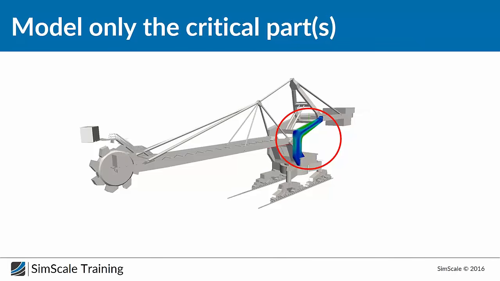In this example, you can really see that we have a lot of parts, and it would be a huge mess to simulate everything. But in this case, only this beam here is relevant for the overall structure behavior, and therefore we will only simulate the critical parts, because this is the only part where we think it could fail.